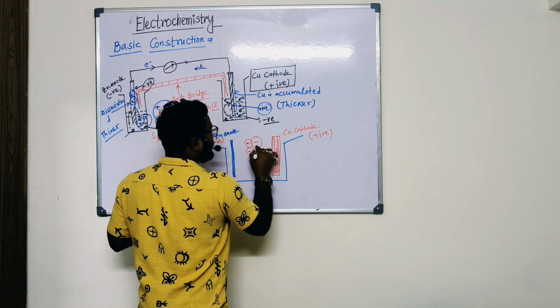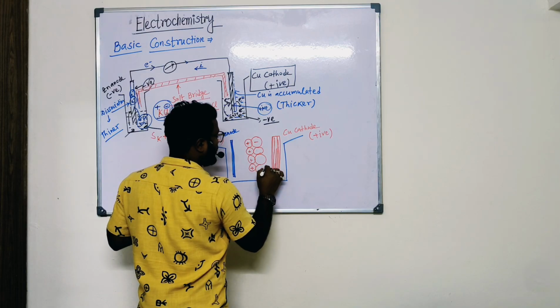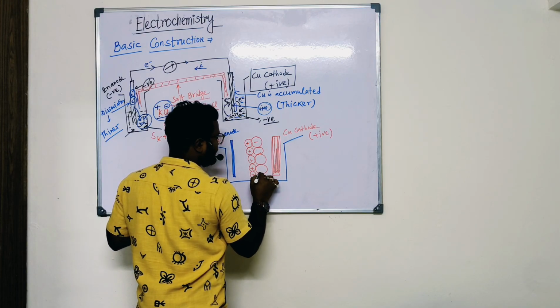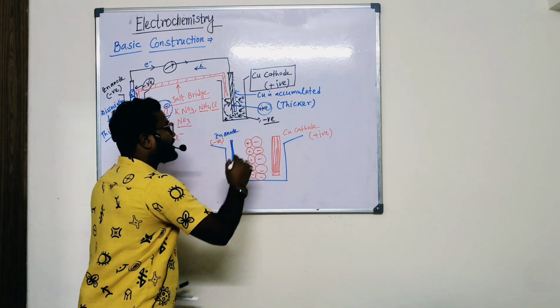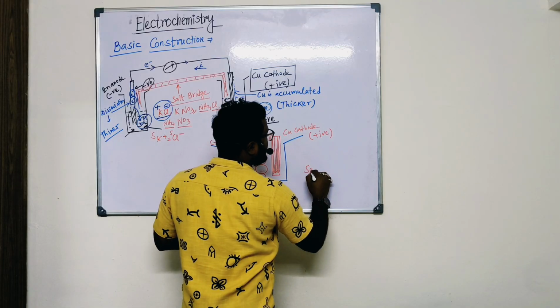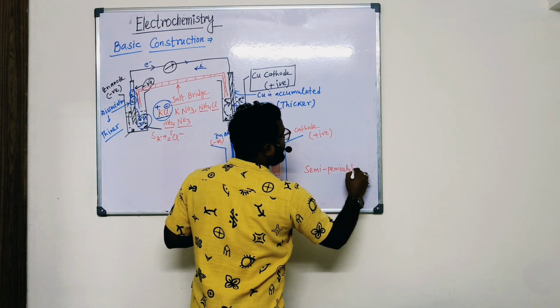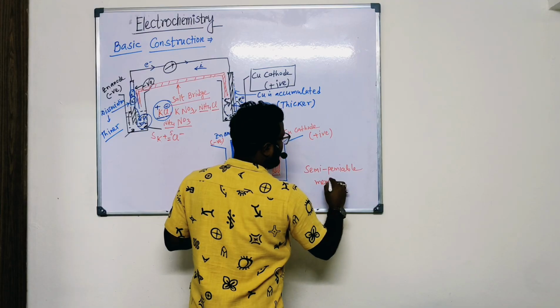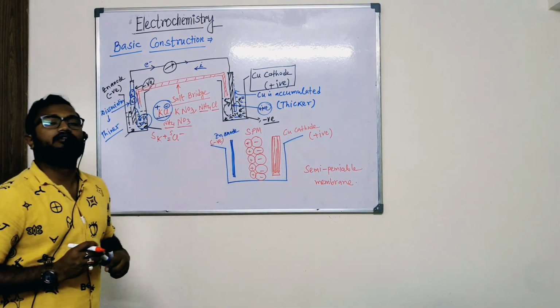Negative sign or negative charge is always bigger with respect to positive charge, so we are drawing it big. So this is our SPM. What is SPM? SPM is a semi permeable membrane that does not allow all the solvent to pass.